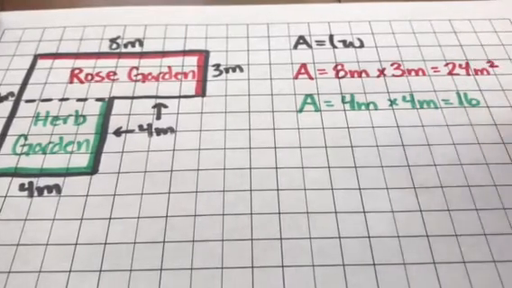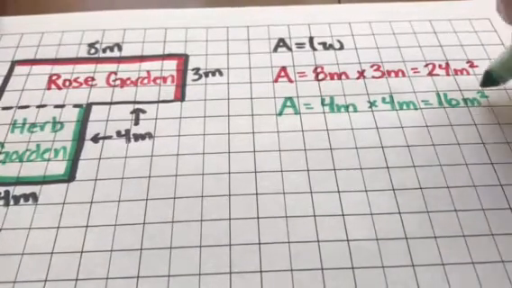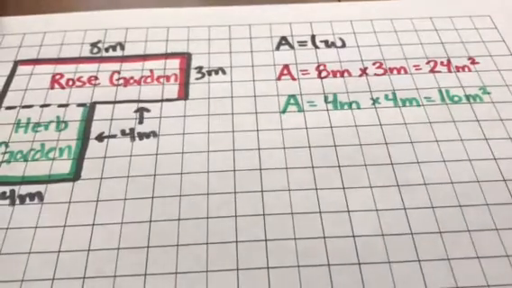And what are the units? Same as before, meters squared. Or we could write out the word squared. This 2 represents meters squared. Okay?